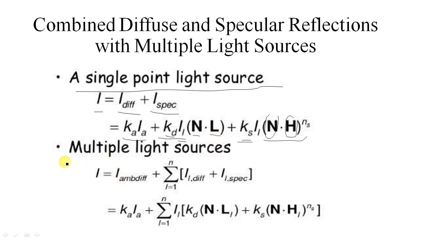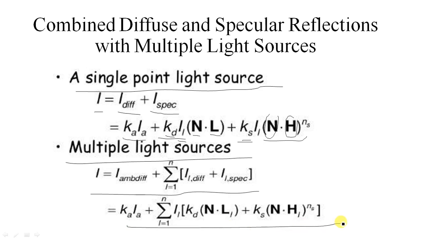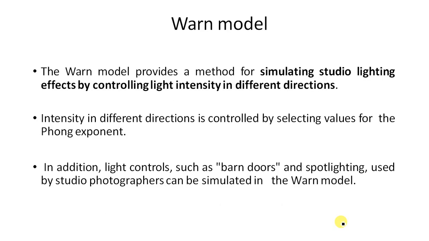If multiple light sources are there, then we can generate this formula. So this is all about the Phong model.